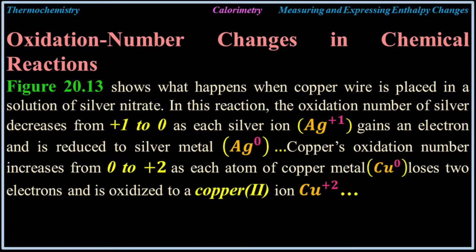Copper's oxidation number increases from 0 to +2 as each atom of copper metal, Cu with a 0 charge, loses 2 electrons and is oxidized to a copper 2 ion, Cu +2.